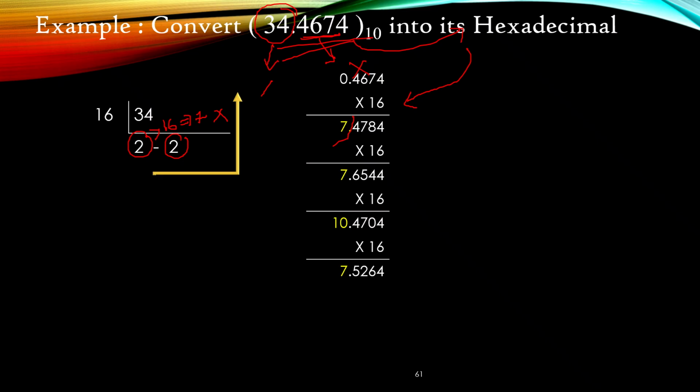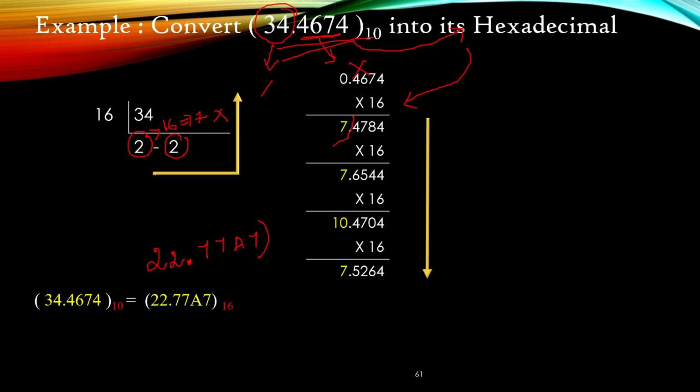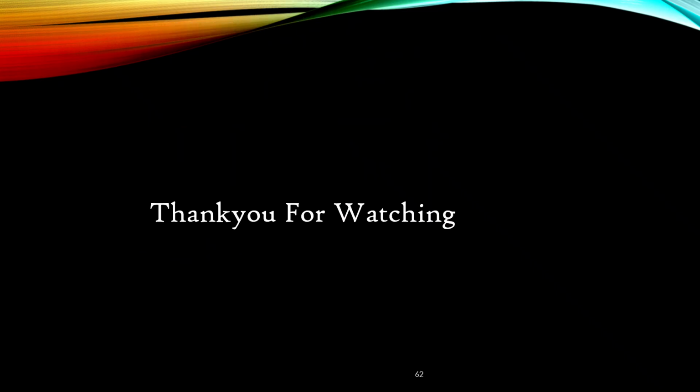For the integer part, I have to take it from bottom to top, so the value is 22. For the decimal part, we are going to take from top to bottom, so the value is 0.7A7, to the base of 16. So this is the conversion.